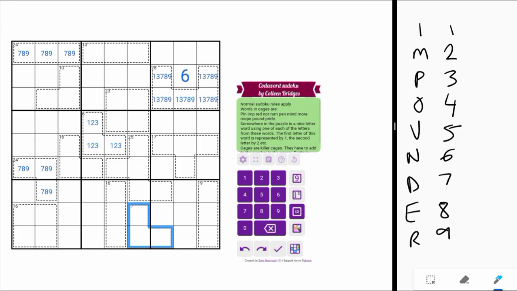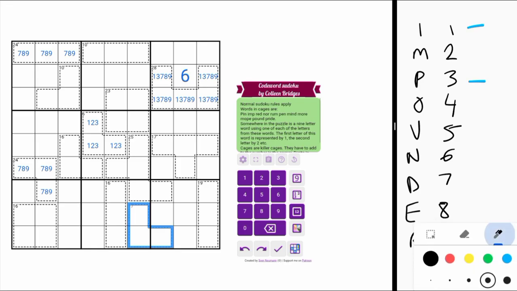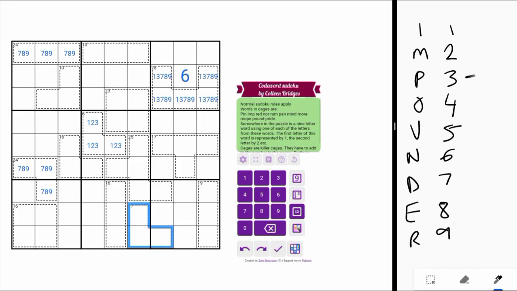So pin is P-I-N, 136, so we know that here is 136, goes in the 10 spot. That leaves 2, 4, 5 there, could have got that earlier. I'll worry about the red letters in a minute, I'll just put them all in first. IMP, 123, I've got that.